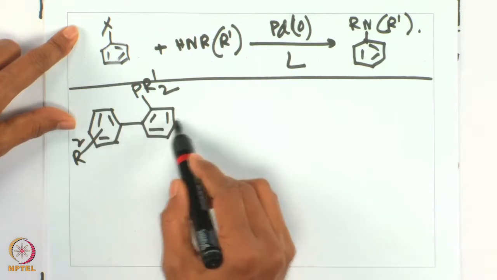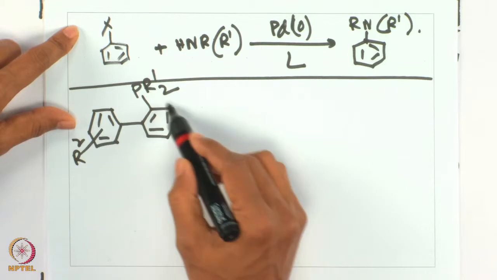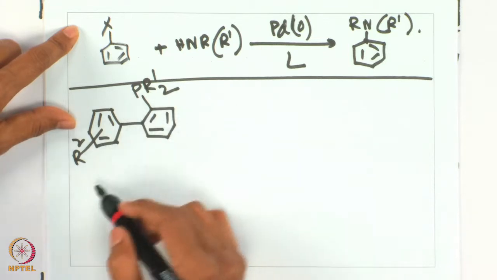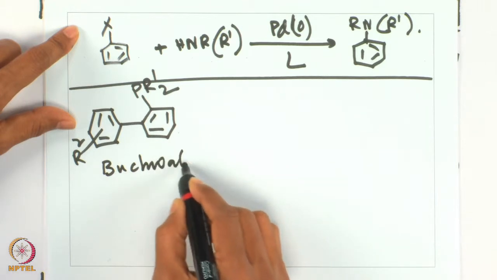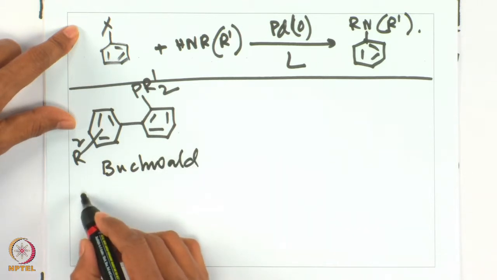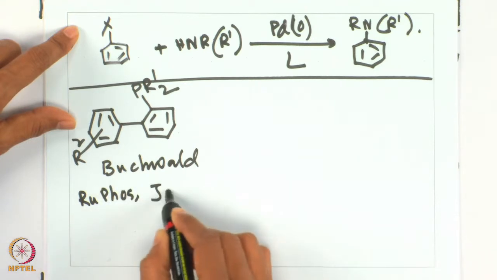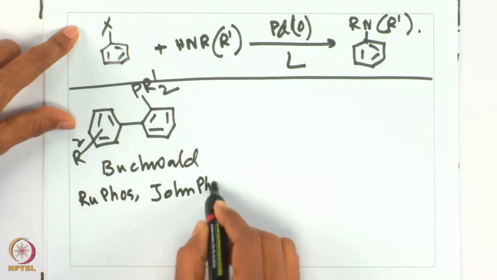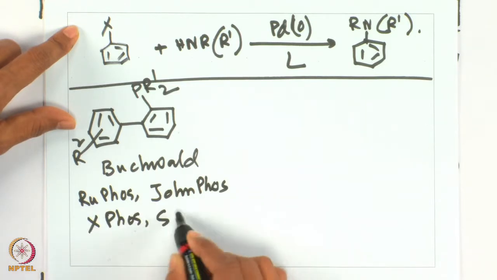So, this is a biaryl phosphine ligand. There are substituents at various positions of this phosphine ligand. These are the ones used by Buchwald, and the famous ligands are for example RuPhos, JohnPhos, XPhos of course and SPhos etc.